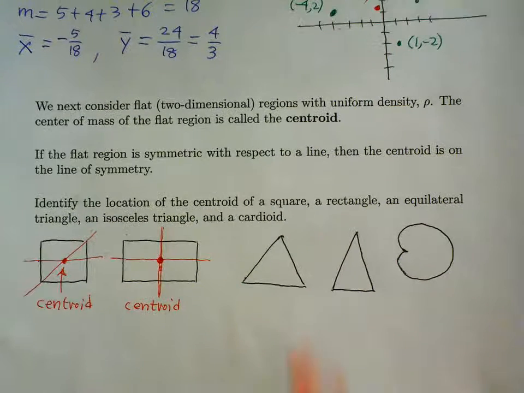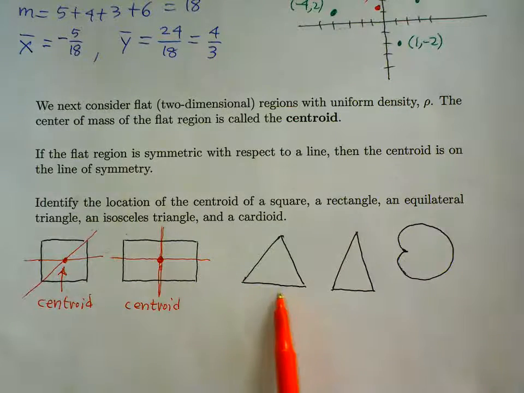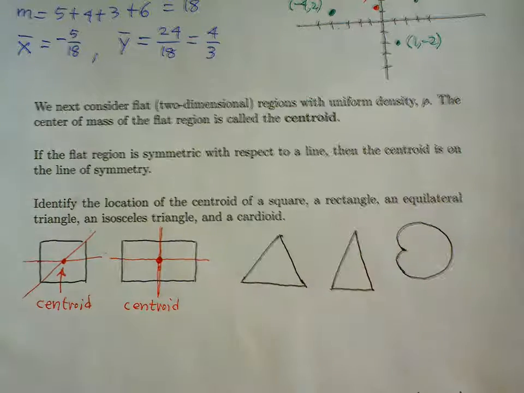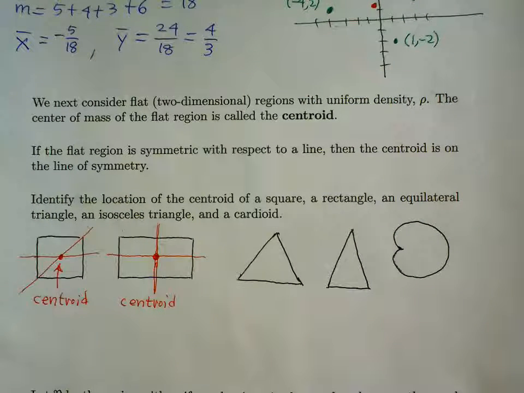Okay, what about an equilateral triangle where all 3 sides have the same length? How would you describe a line of symmetry for an equilateral triangle?